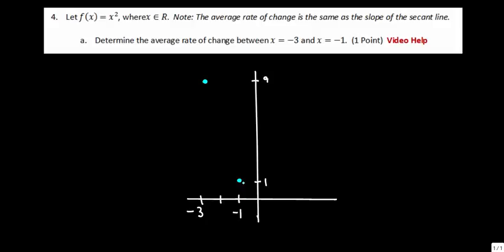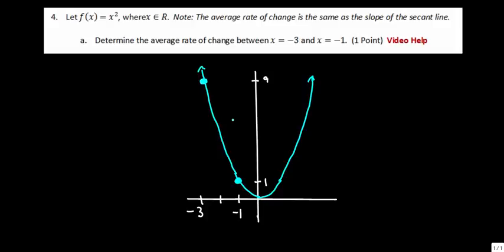And of course the actual curve is parabolic, and it looks something like this, right? And then of course it's symmetric there on the y-axis, and it comes back up on that side. But what I'm really concerned about is finding the rate of change between these two.